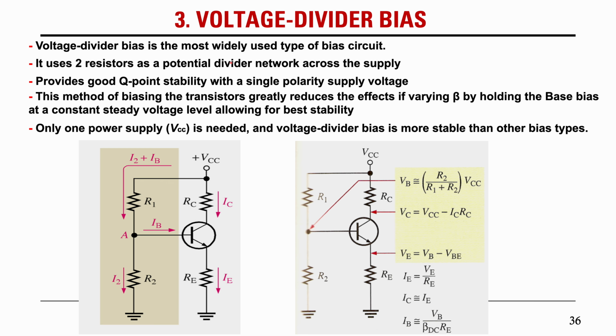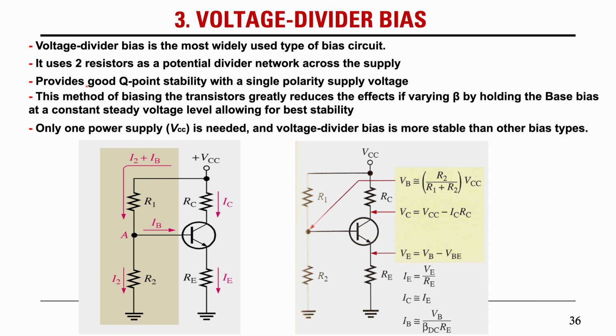In voltage divider bias we use two resistors at the base, R1 and R2. The function of these two resistors is as a potential divider network across the supply.